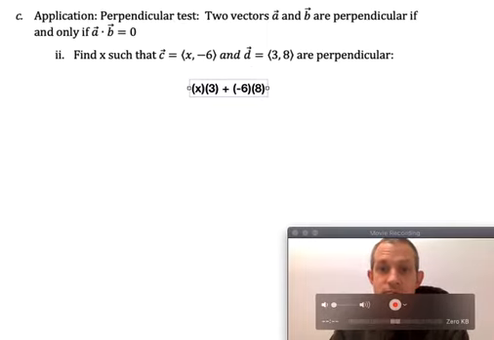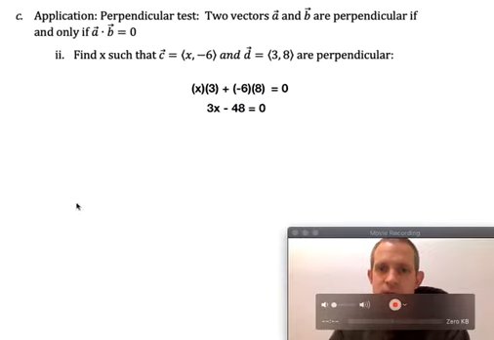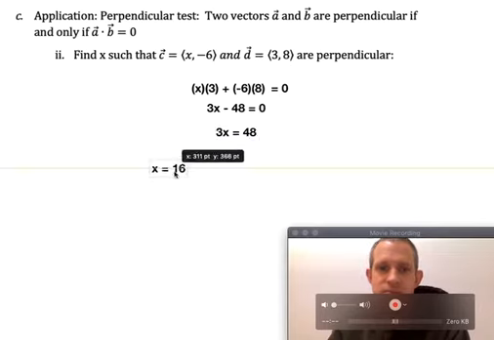And if we want them to be perpendicular, we're going to set that product equal to 0. And this is a pretty simple algebra equation to solve. 3 times x is 3x, and 8 times -6 is -48. And so when we add 48 to both sides and divide by 3, we get that x would have to be 16.